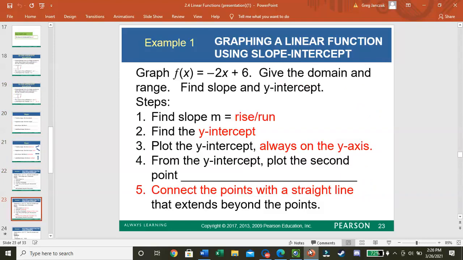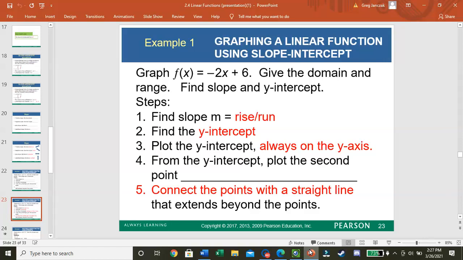Okay, so in this case, for negative 2x plus 6, what's the slope? Yeah, rise over run, but which number is it? Is it the negative 2 or the 6? It's the negative 2, right? You have to consider the sign with it too.